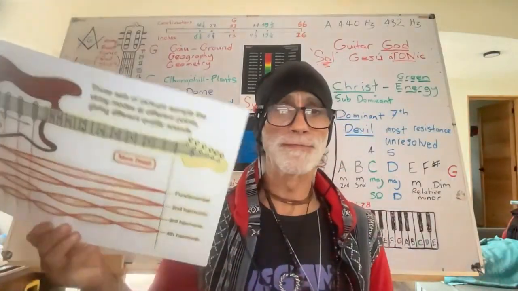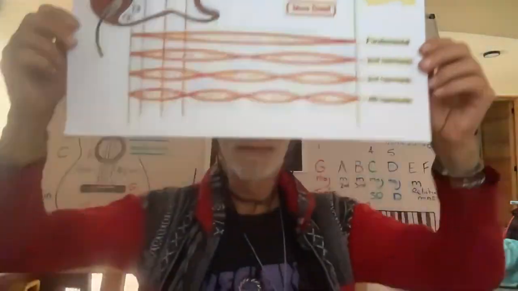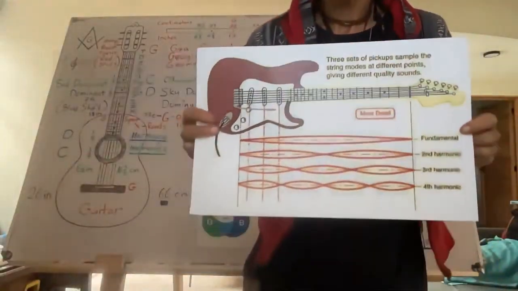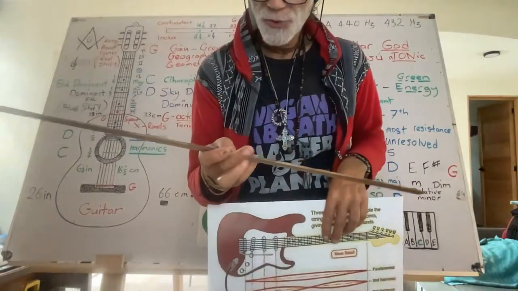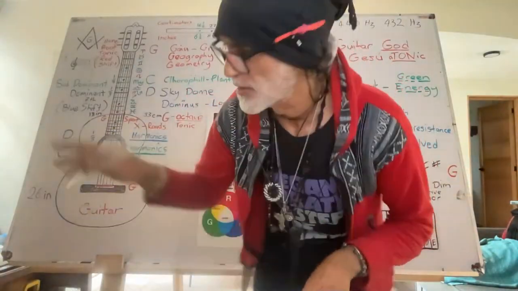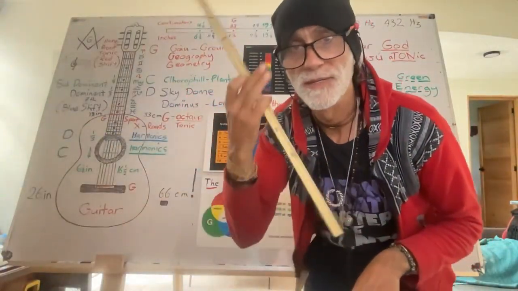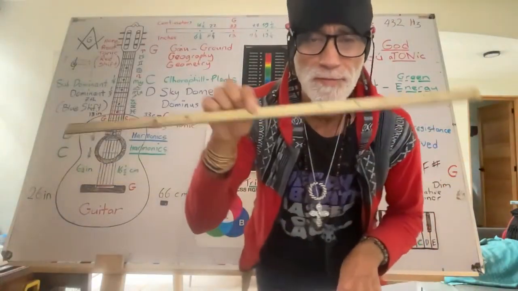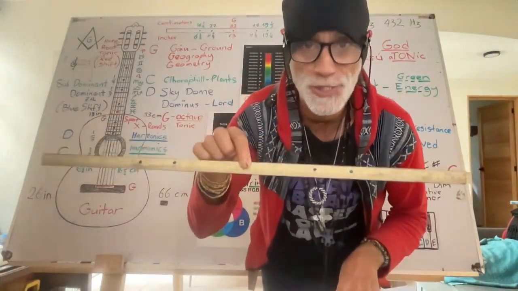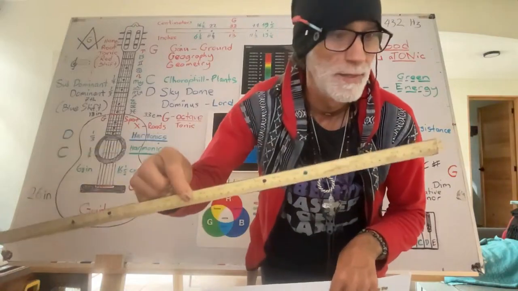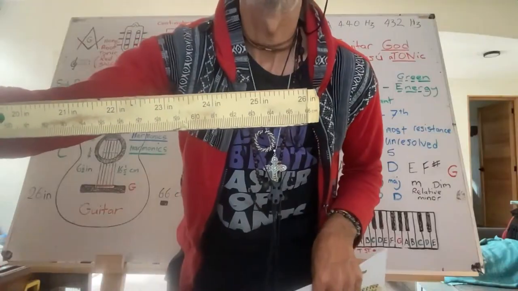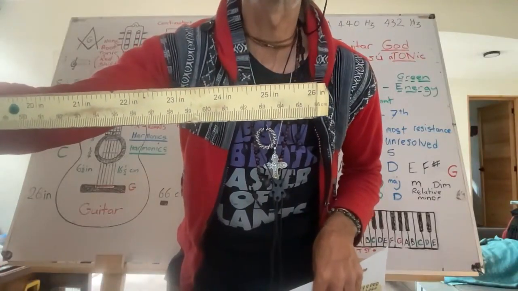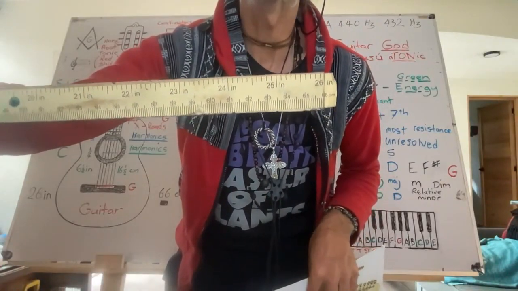And now we're going to go to string theory. So every string, now I have a 26-inch ruler here. I'm going to show you that all of these guitars I have to my right, the string from nut to saddle is 26 inches, 66 centimeters. There it is right there. 26 inches is 66.